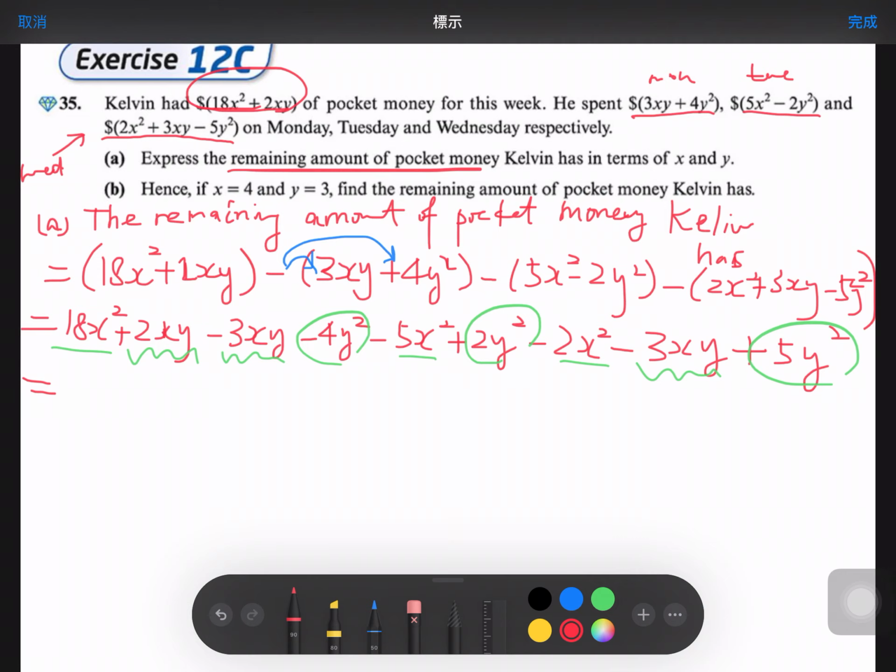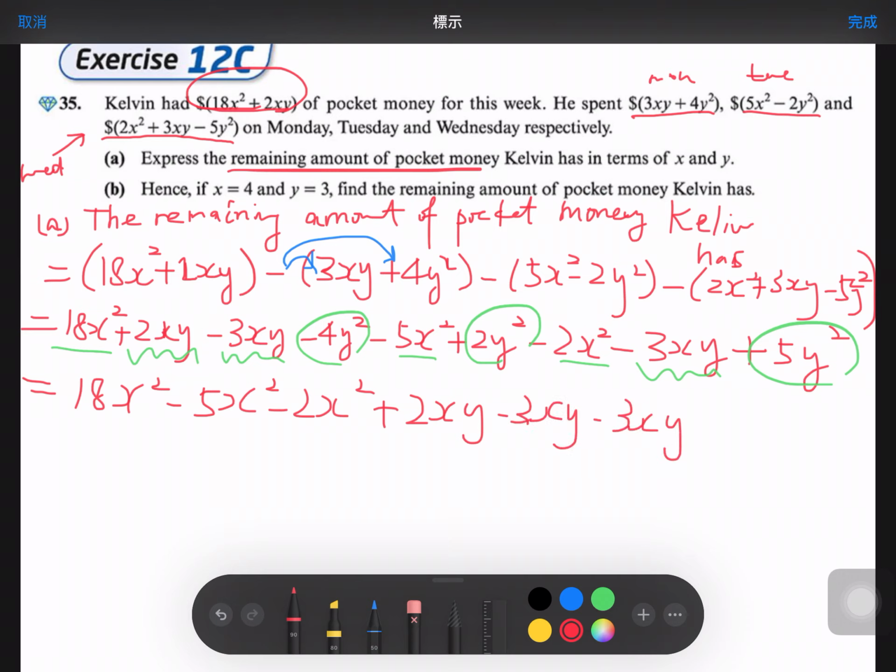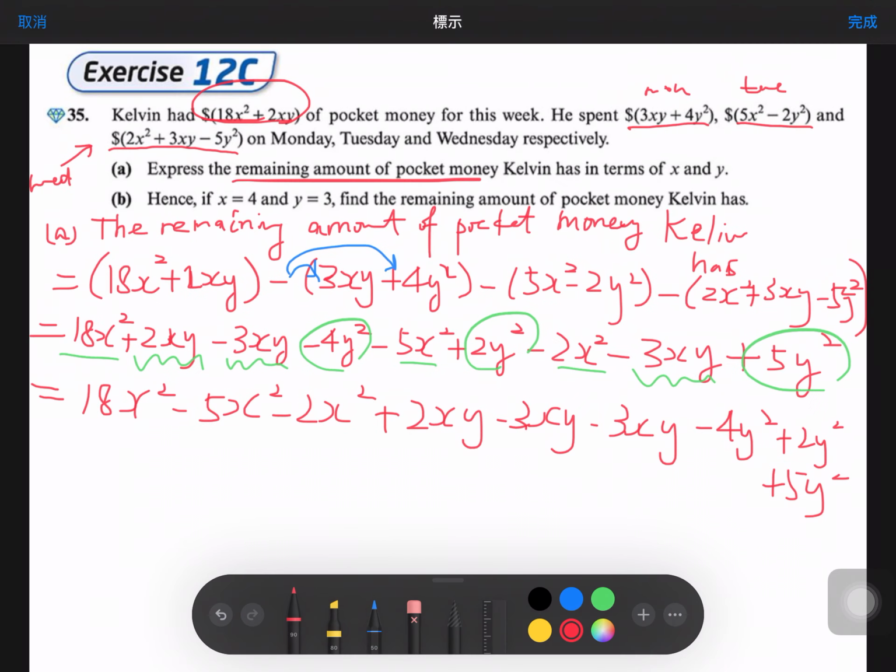We follow the order. First with x squared, minus this, and then for xy we arrange them, and then for y squared, so you need to be very patient, just write them one by one.